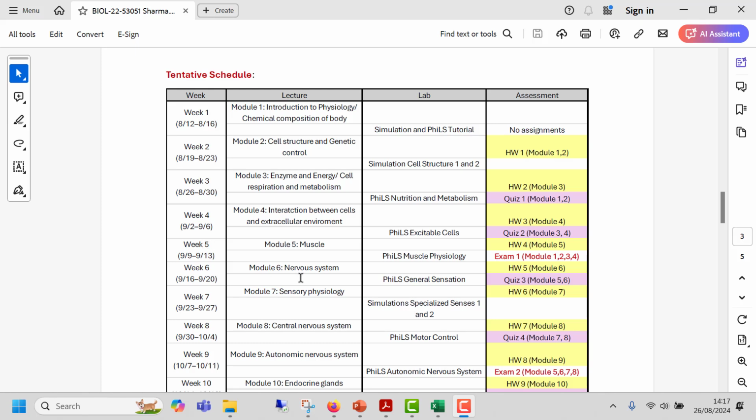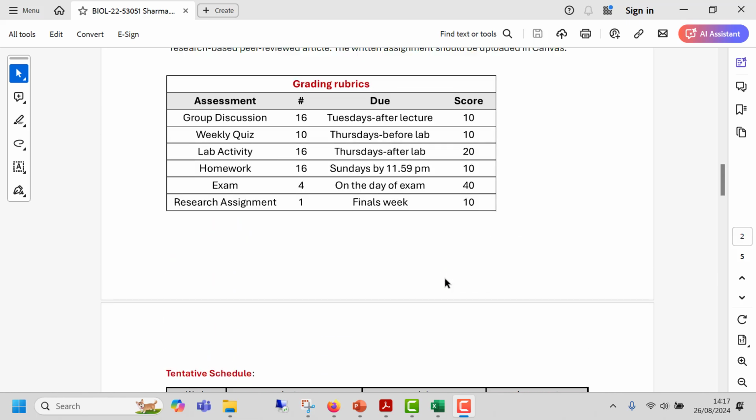So this class does need a lot of reading, memorization, but the goal is to make everything easier through different modules or through different ways of assessing you. We have group discussions which lay the first foundation, then we have homework, we have quiz, which will actually prepare you for exam 1.